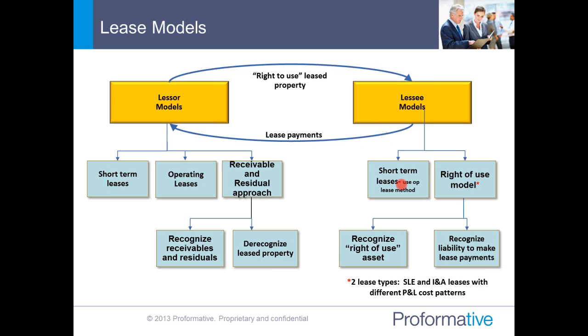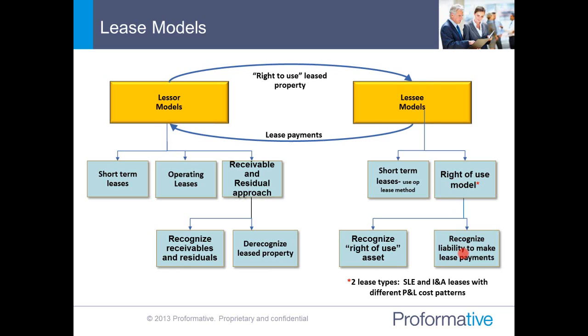And the reason why they added that without the option to renew is to avoid financial engineering structures that still get off-balance sheet treatment, yet allow the lessee to control the asset beyond the lease term through renewals. Now, the right of use model for lessees says that the lessee recognizes as an asset the right to use the leased asset, and recognizes a liability to make lease payments.